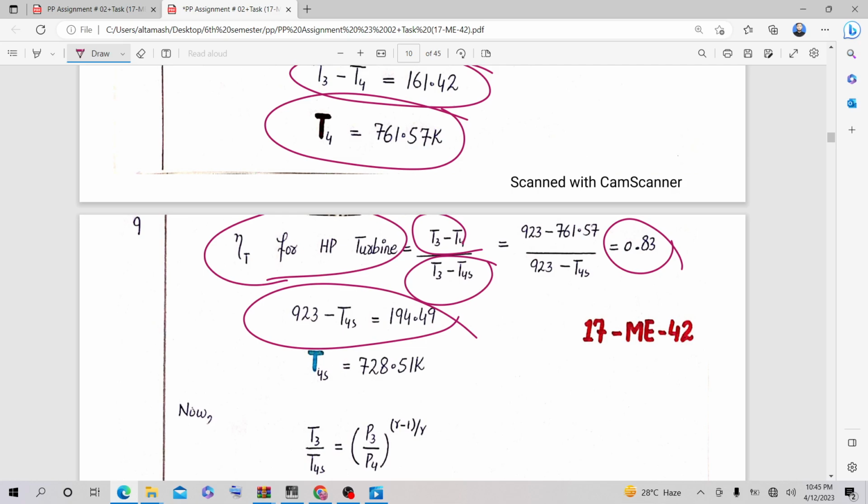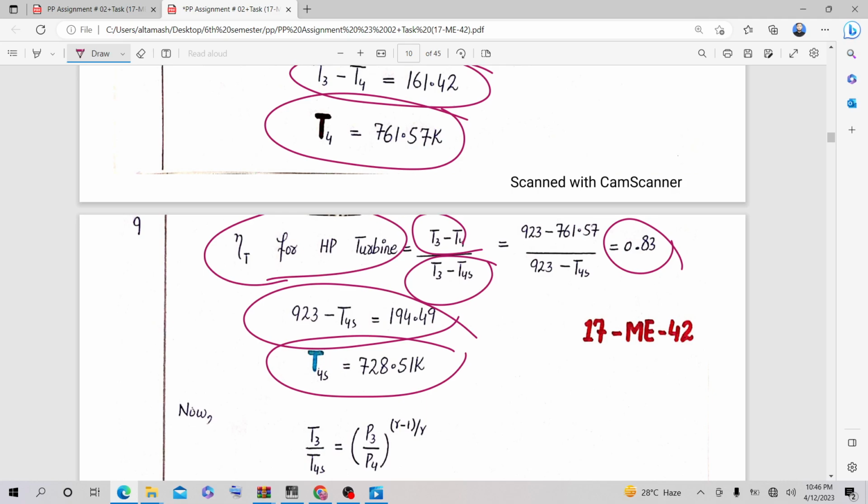T4s is equal to 728.51 Kelvin. T4 is equal to 728.51 Kelvin. So it is very good, we have found our T4s.